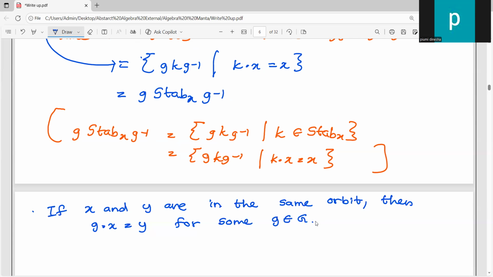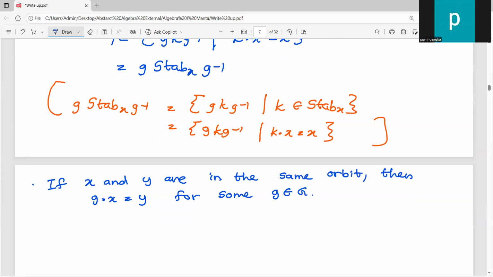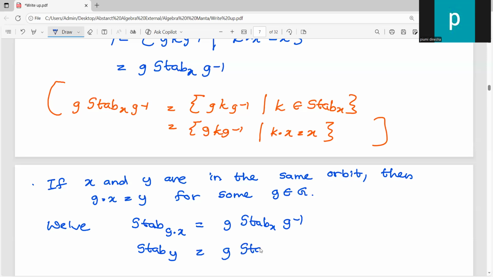For some element that you take from this group. Then, from what we've just proved, we have the stabilizer of g dot x equal to what? g stab x g inverse. So g dot x is what in this case? This is equal to y. Stab y is simply equal to g stab x g inverse.